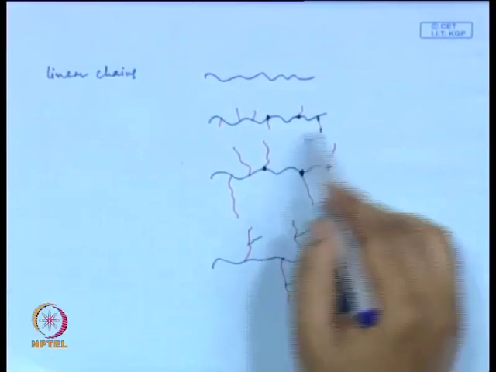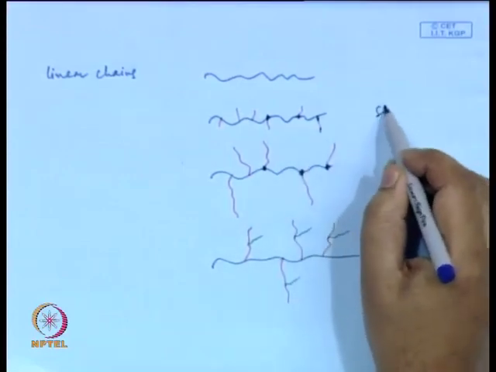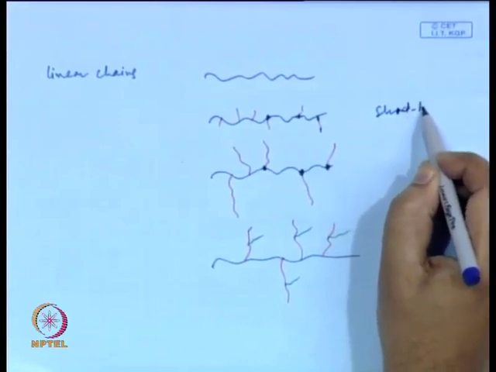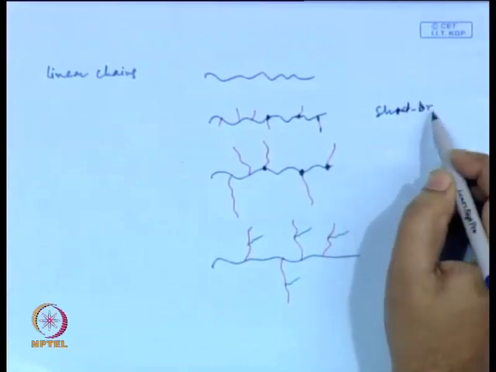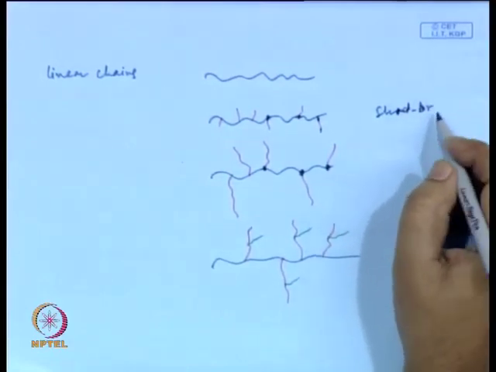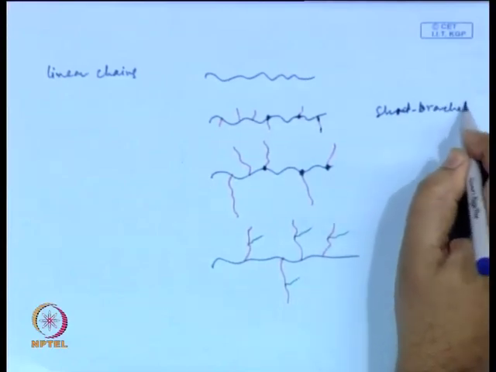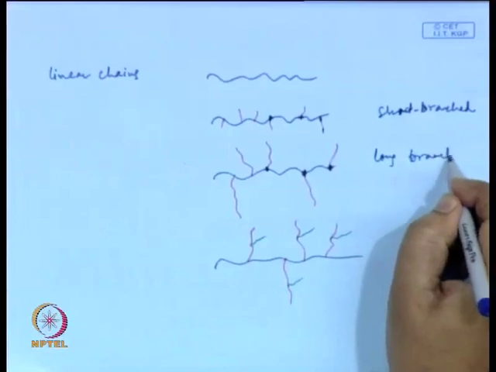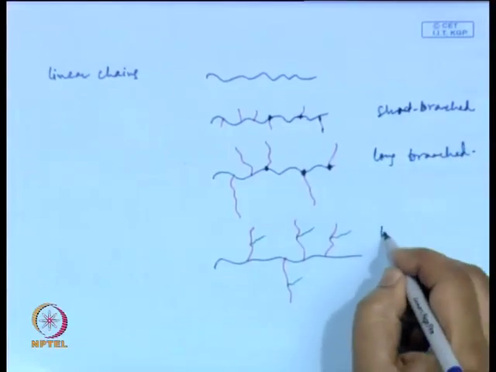So, in this case we call this short branched, this is long branched, and this is hyper branched.